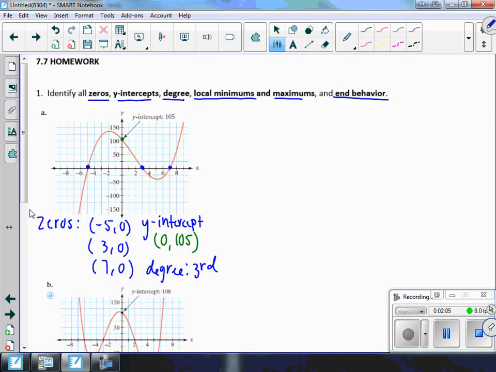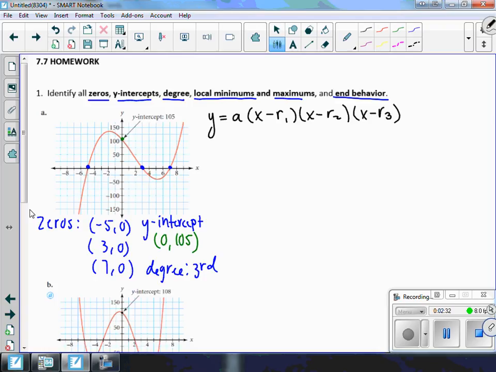Now, in order to find our local mins and local maxes, we're going to need a graph. But we don't have an equation yet for this function, so we're going to have to write an equation on our own in factored form. Since this function has 3 zeros, we start with y equals a times x minus r1 times x minus r2 times x minus r3.